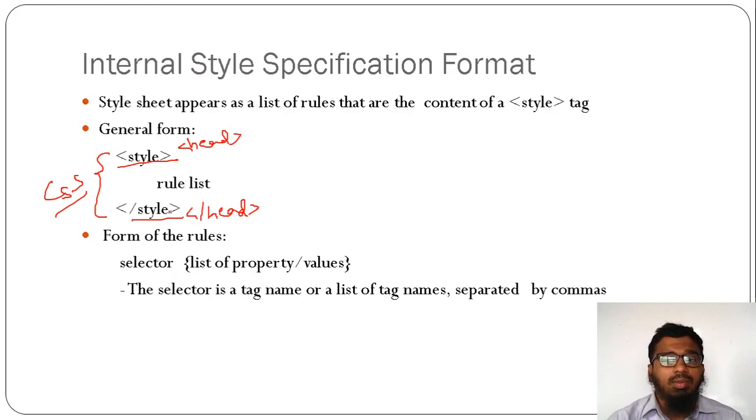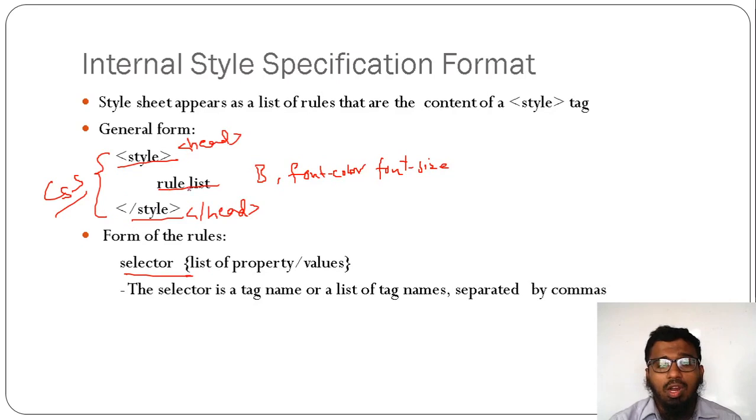Clear? So this is a rule list, whatever the rule is: background color, font color, font size, there are so many. Okay, and the form of the rule is selector, bracket open.